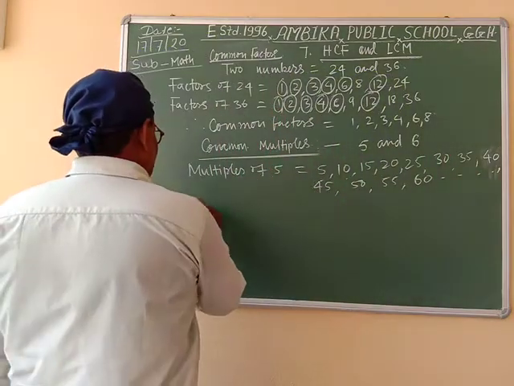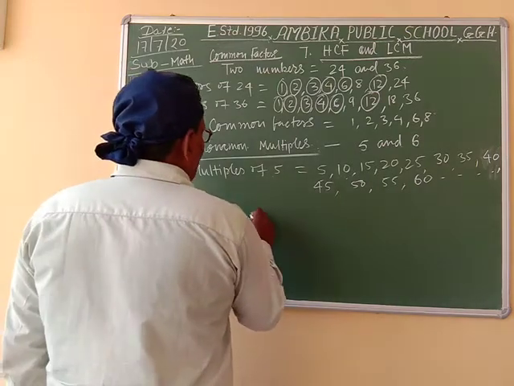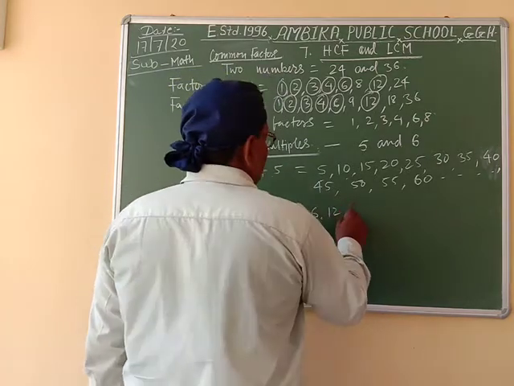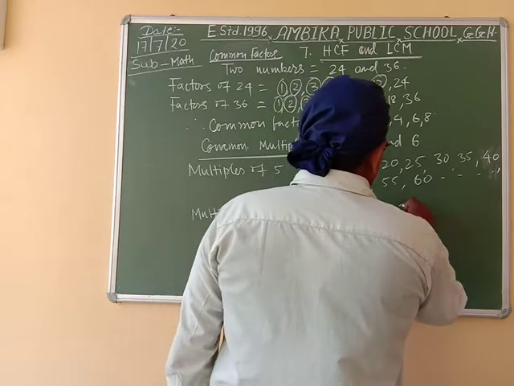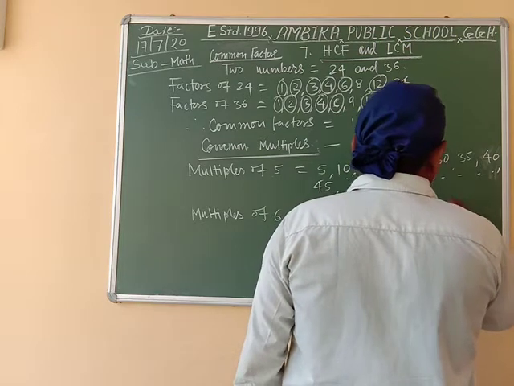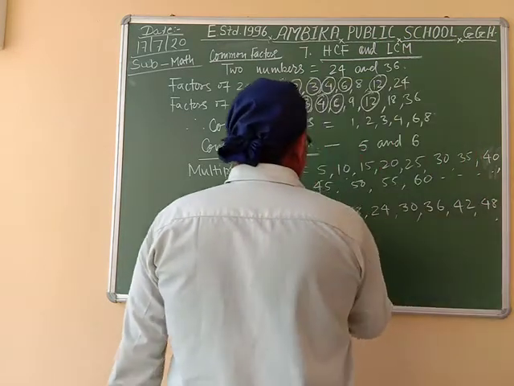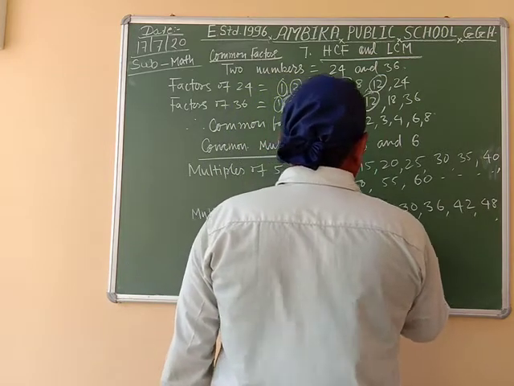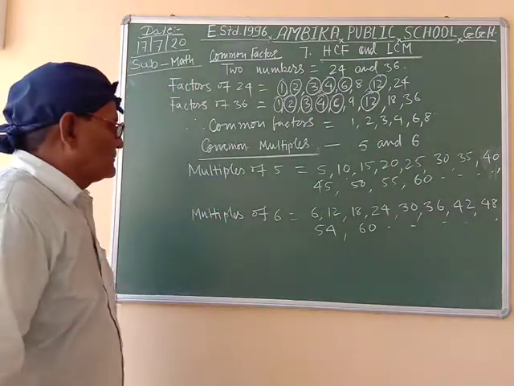Multiples of 6 are 6, 12, 18, 24, 30, 36, 42, 48, 54, 60 and so on. There are so many multiples of 6.